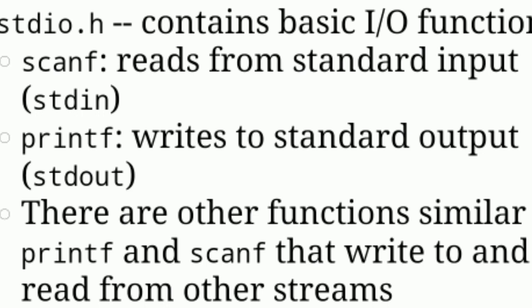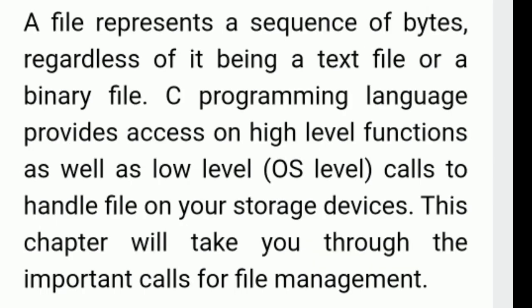The last chapter covered the standard input and output devices handled by the C programming language. In this one, we cover how C programs can create, open, and close text or binary files for data storage.